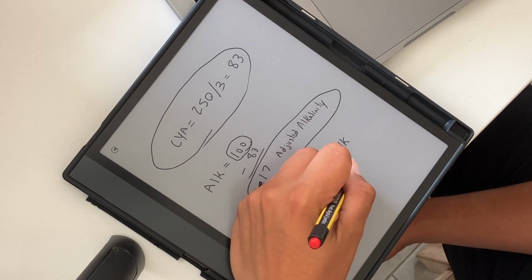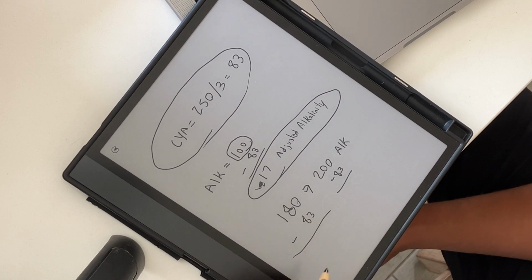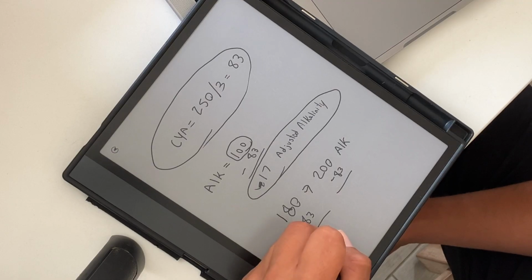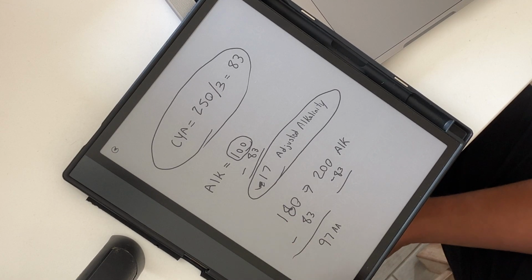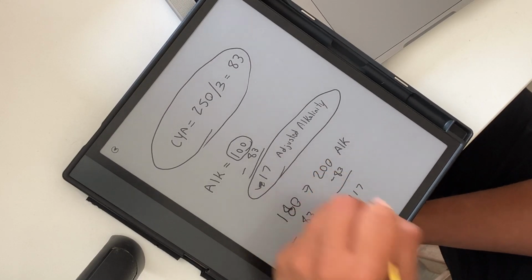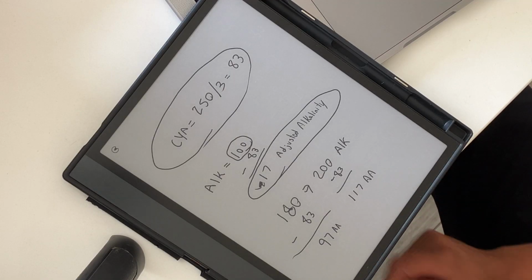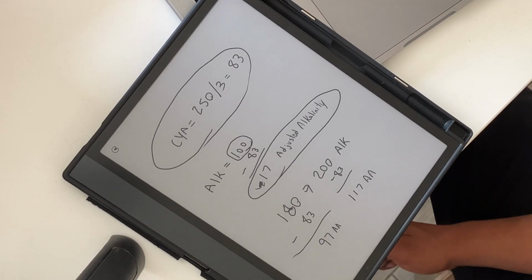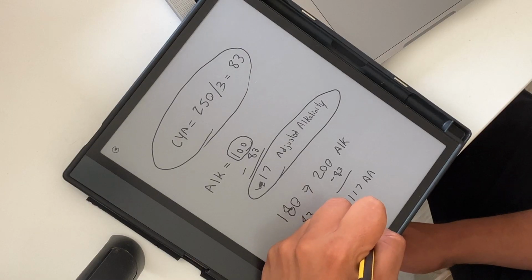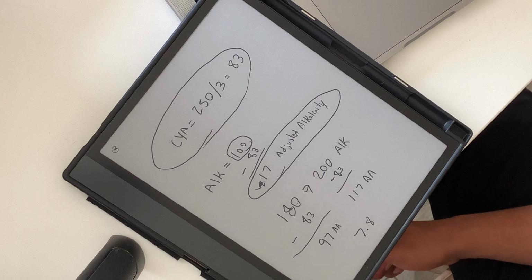let's pretend we subtract 83 from 180, we're left with 97 adjusted alkalinity, which is right, AA, adjusted alkalinity. Or if we've got 200, we're left with an adjusted alkalinity of 117. When we're at 117 or 97, you should see your pH start to become what you normally see at pools, which is 7.8.